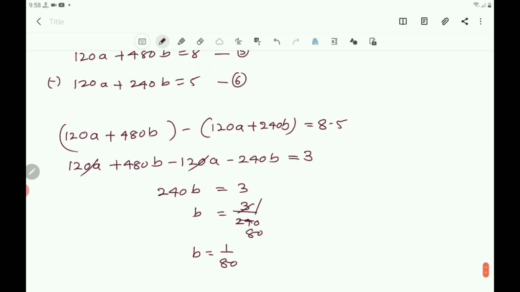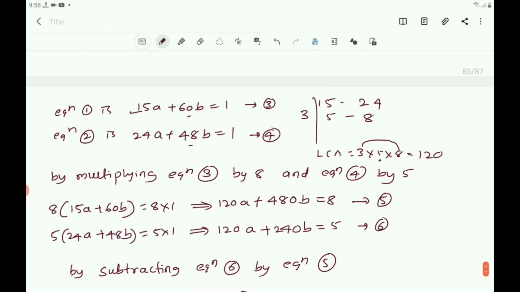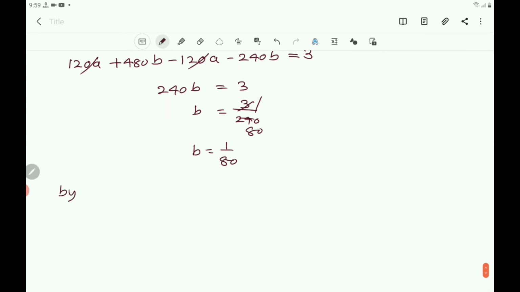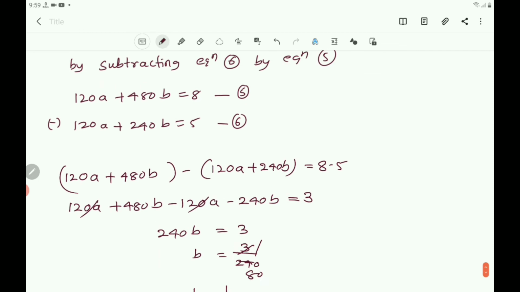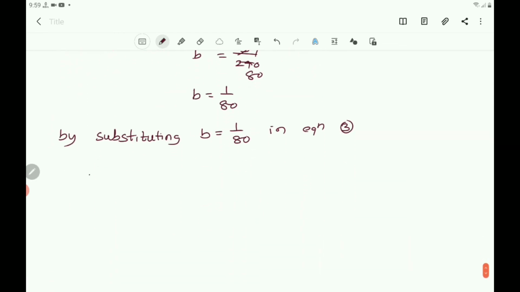Now substitute b equals 1 by 80 in equation 3, that is 15a plus 60b equals 1.